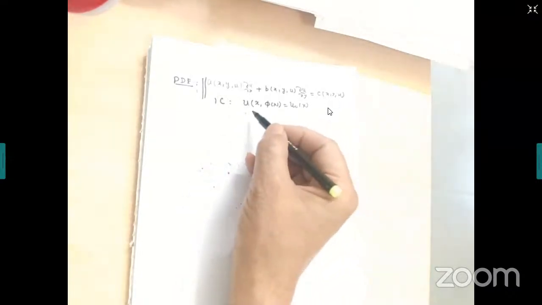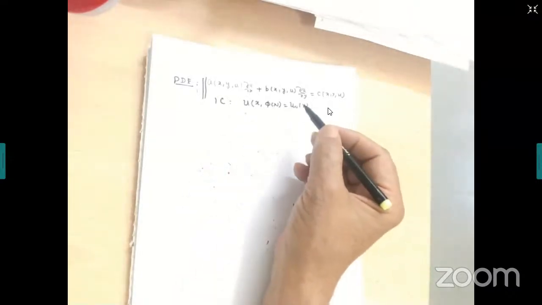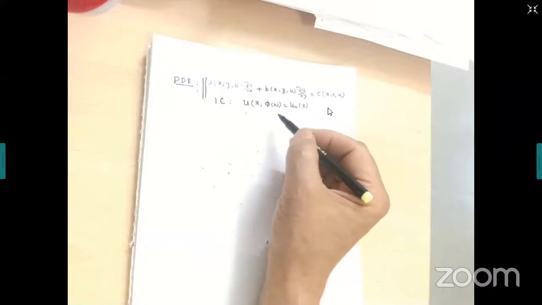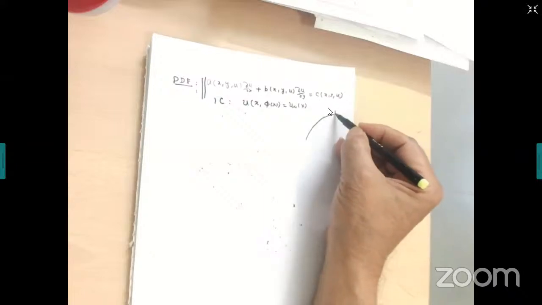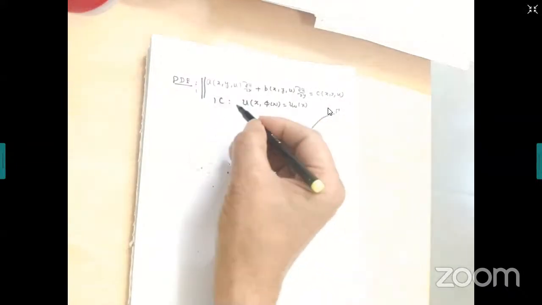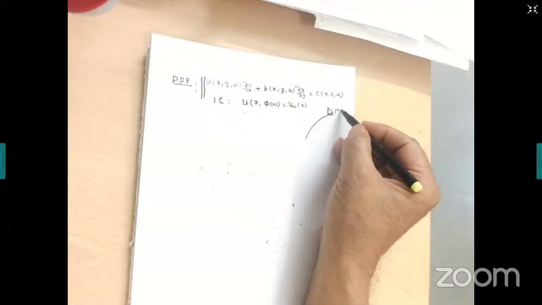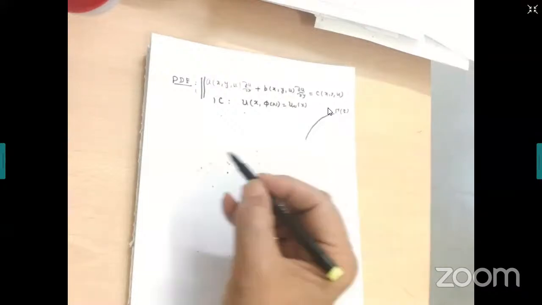In fact, it is a curve because it is the intersection of two surfaces. Let me call this the initial curve, and I will denote it by Γ(ξ).